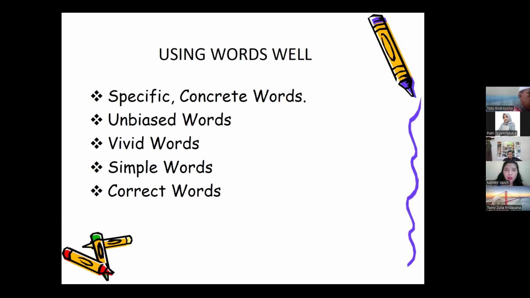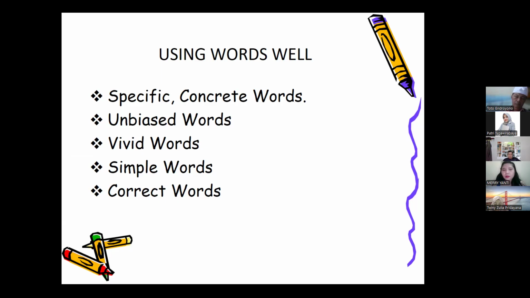Using words well. In speech delivery, we have to use words well, like specific and concrete words. Use words that are clear and detailed, not vague words. For example, say apple instead of fruit, blue car instead of vehicle. The next one is unbiased words.